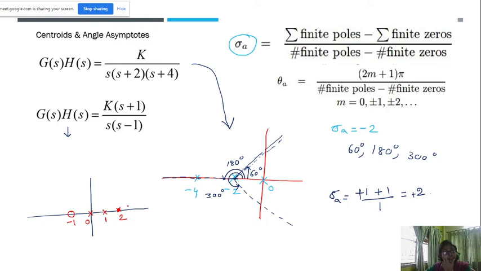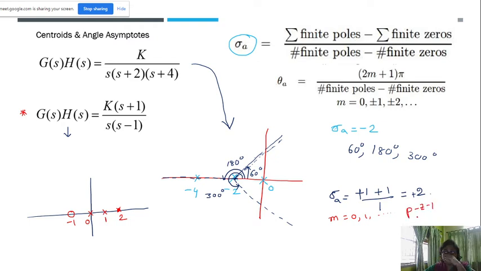Okay. If I want to draw the asymptotic angle, how to calculate it? Following this formula. How many values of m will be there? m will go from 0 to p minus z minus 1.